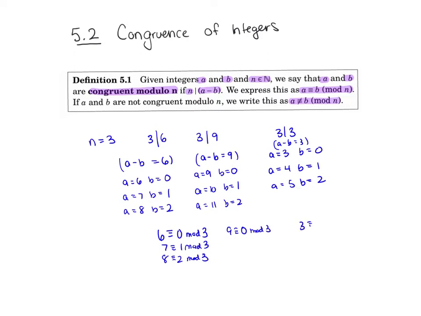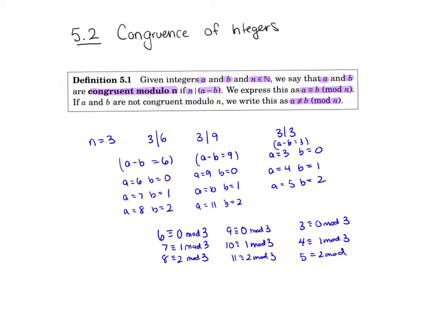And 3 is congruent to 0 mod 3. And then 10 is congruent to 1 mod 3. And 4 is congruent to 1 mod 3. And 11 is congruent to 2 mod 3. And 5 is congruent to 2 mod 3.